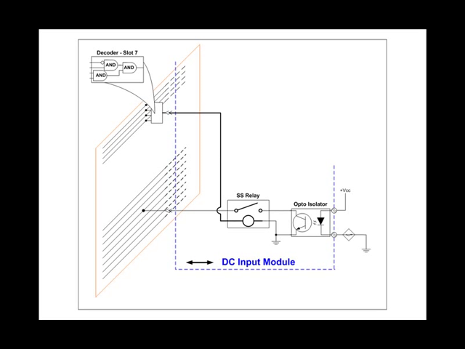Remember, the decoder is physically a permanent item at each slot in the chassis. So the decoder is a permanent circuit at each slot and unique to that slot.